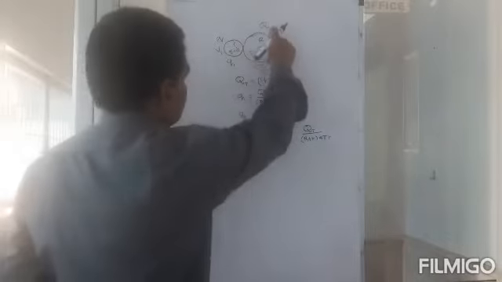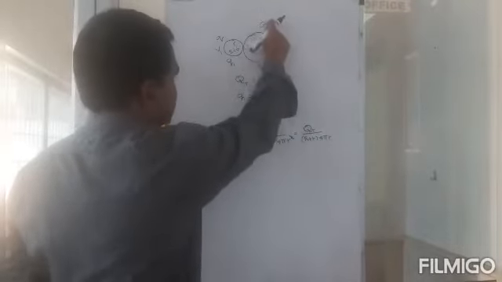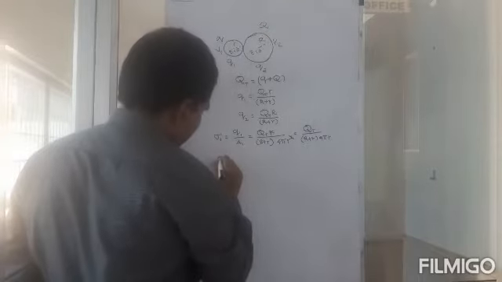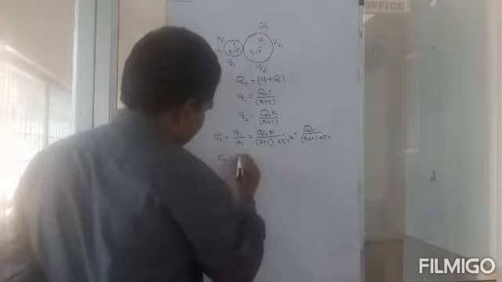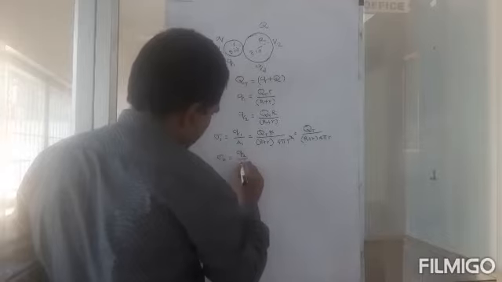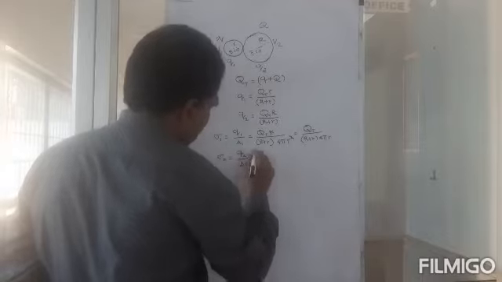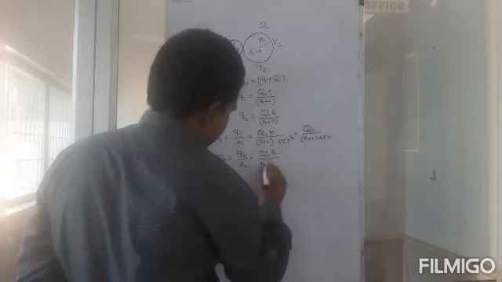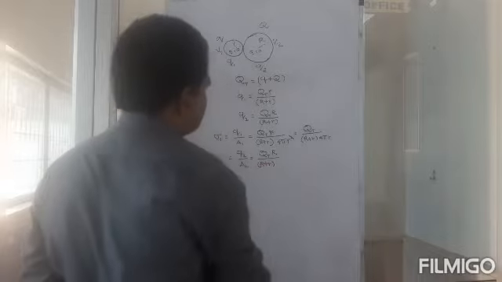And what about sigma 2? That is the surface charge density of this sphere, the bigger sphere. Sigma 2 is equal to Q2 by A2. So what is Q2? It's Qt into capital R by R plus r. And what is A2?